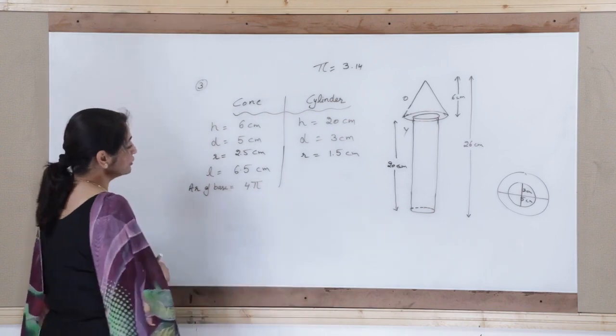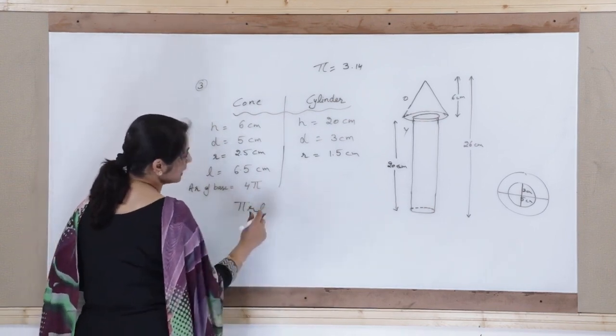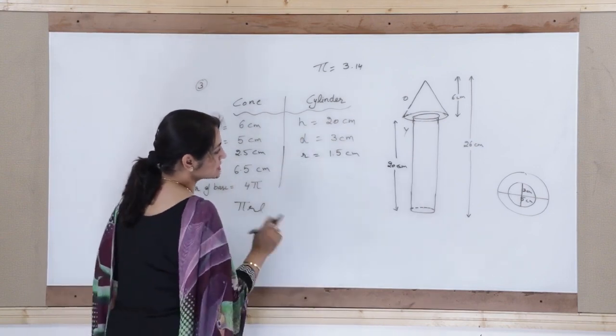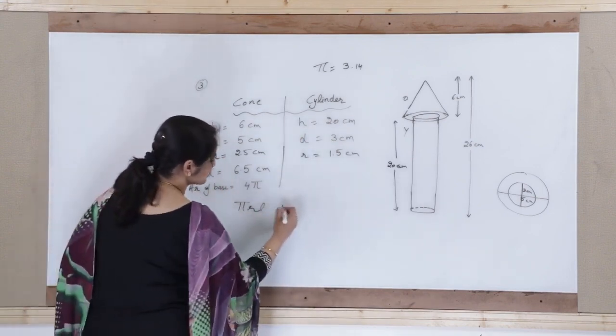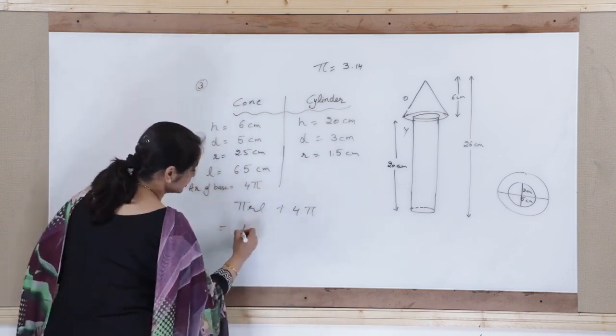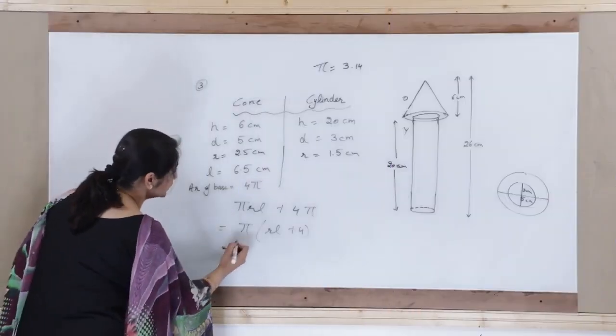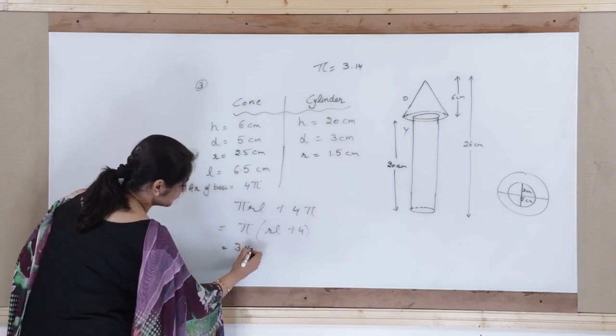Now for the area of the cone, we will have the curved surface area pi RL, and the area of its circular base we have just calculated, it is 4 pi. So we can write 4 pi. Now pi can be brought as common, so we will have pi and in the bracket RL plus 4. The value of pi will be 3.14.